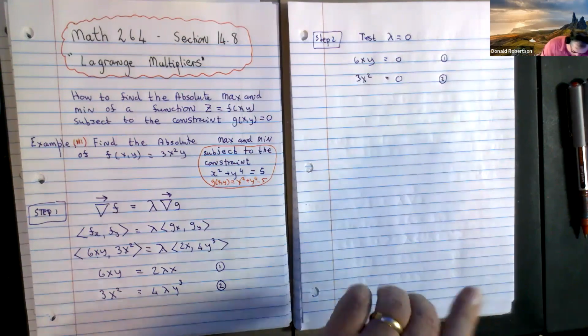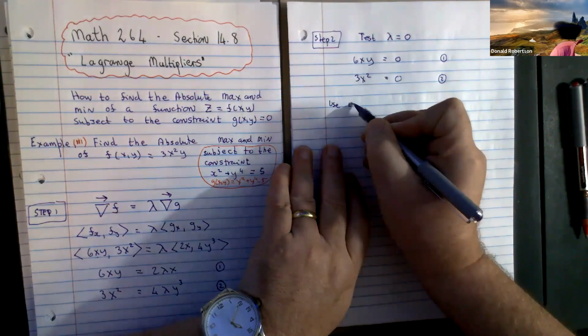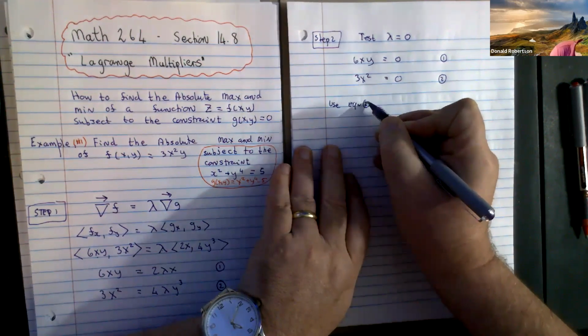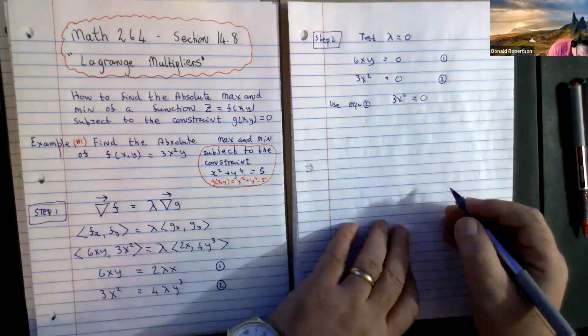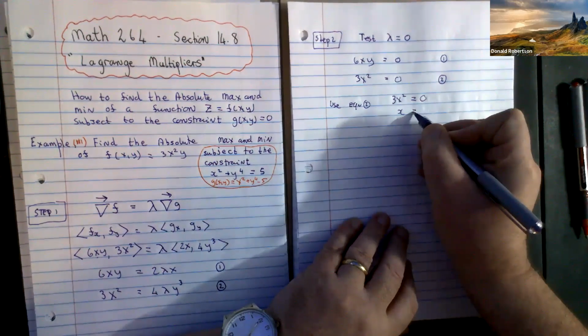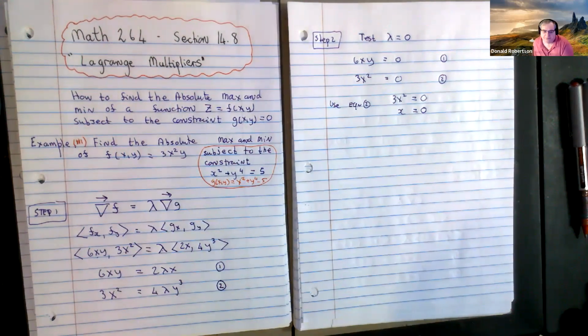So, if you use equation 2, 3x squared equals 0, then the only way that's going to happen is x equals 0. Would you agree? Yeah. x equals 0.